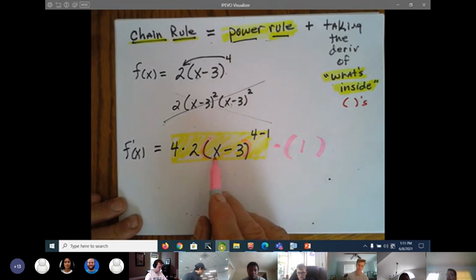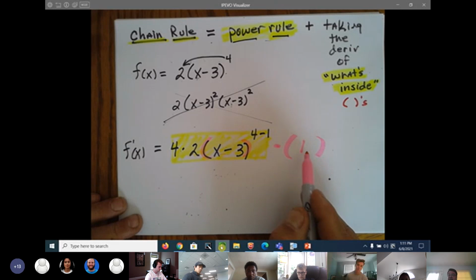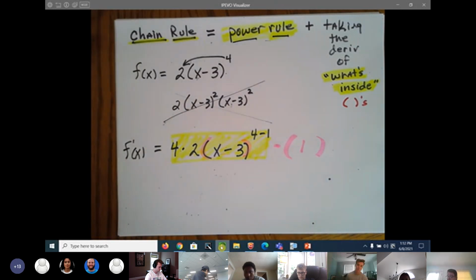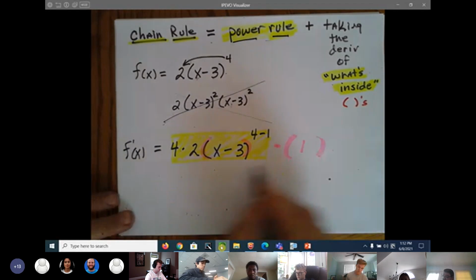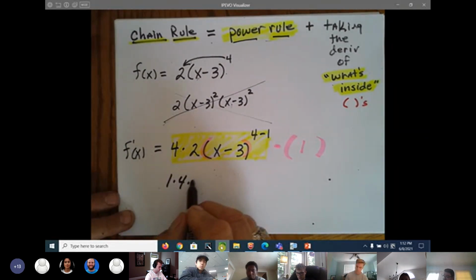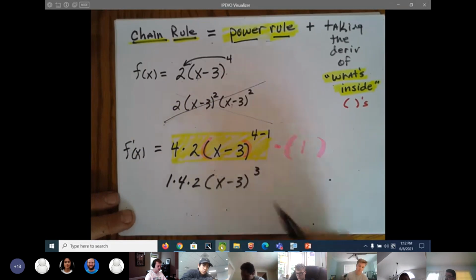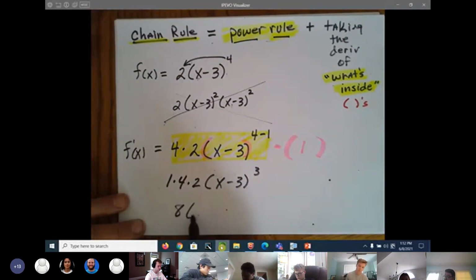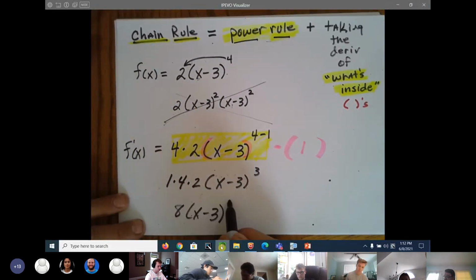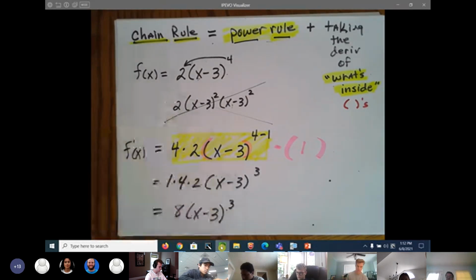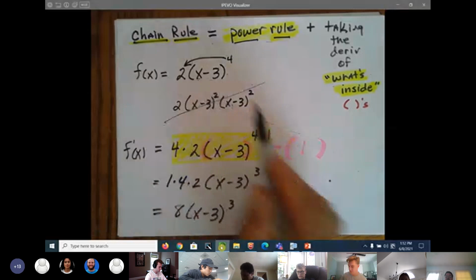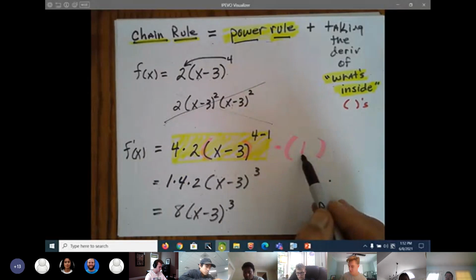But what if this was 3x minus 3? That would be a 3. We're going to do one here in just a second. So your final answer is 1 times 4 times 2 times (x minus 3) to the 3rd power, which is 8 times (x minus 3) to the 3rd power. Now that's an easy one, because that's 1.